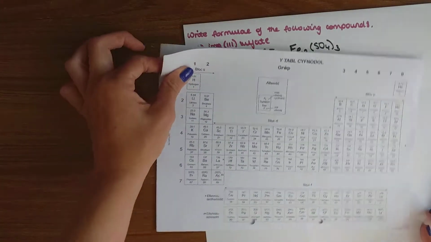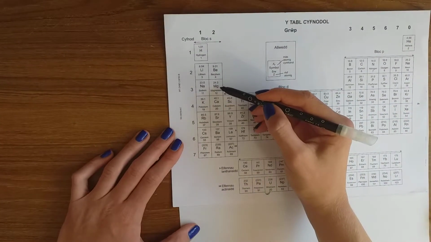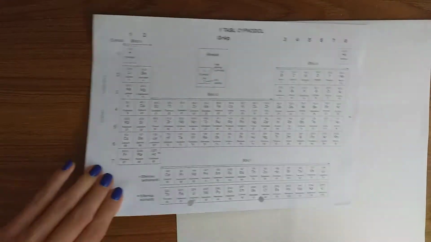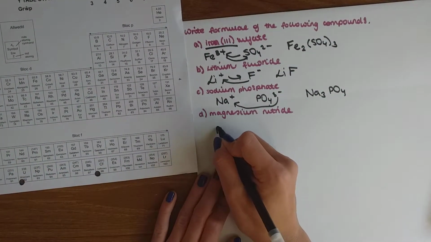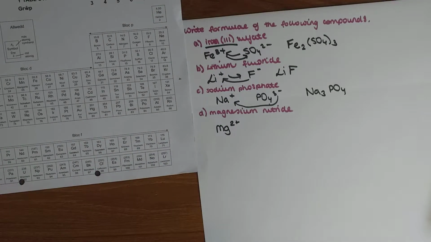And the last one, magnesium nitride. Magnesium is in group 2, so it loses 2 electrons to be the most stable ion. So it becomes positive when it loses the electrons.